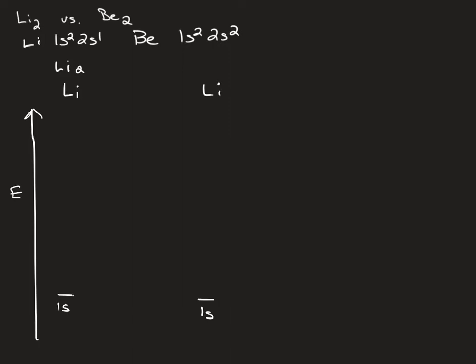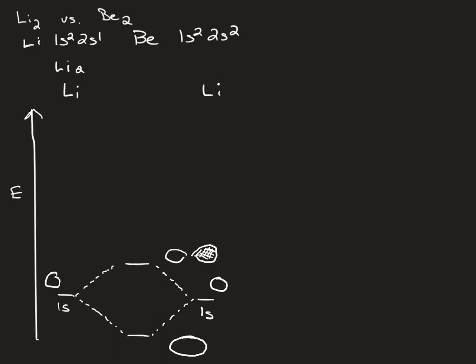These are going to combine together to form in and out of phase combinations. So our s orbitals are spherical. The in-phase combination looks like this, and the out-of-phase combination looks like that.